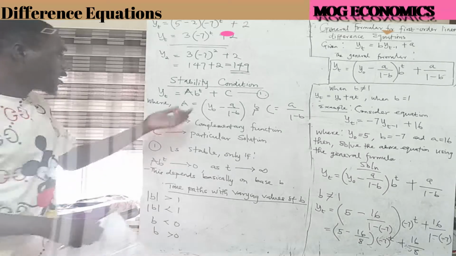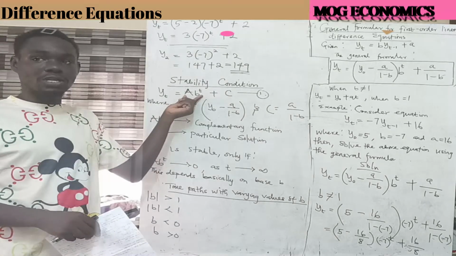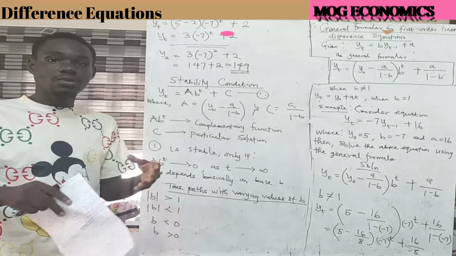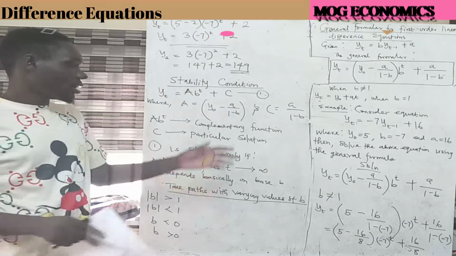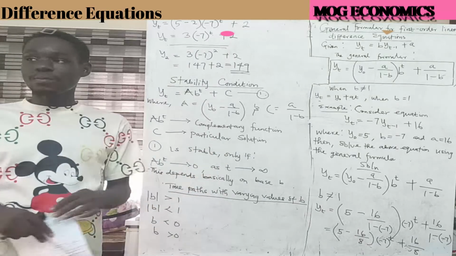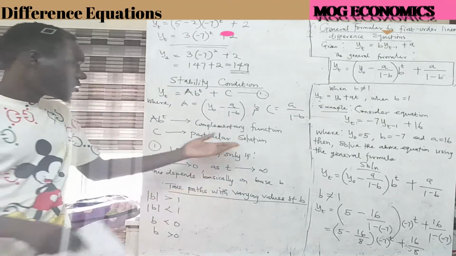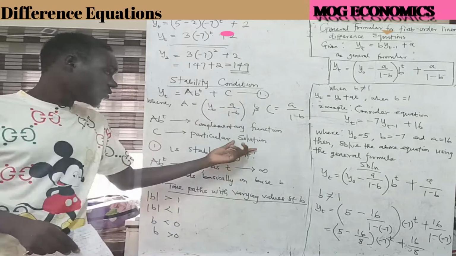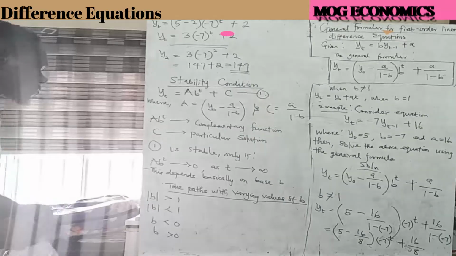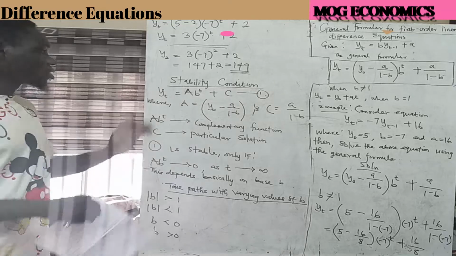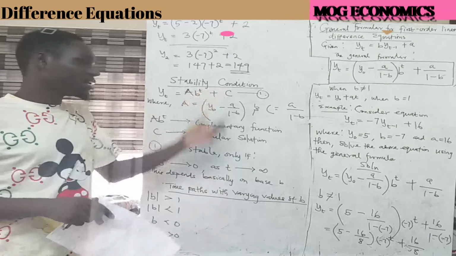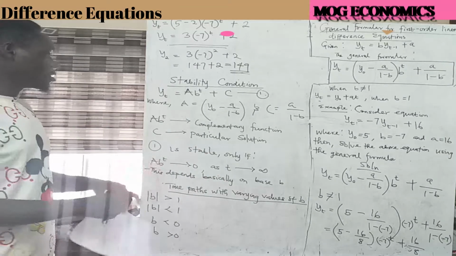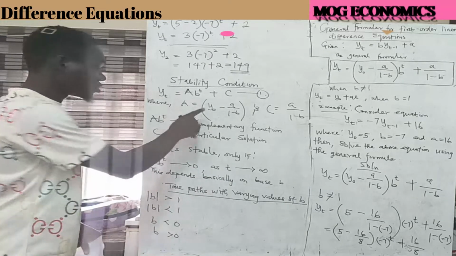Like I said, the first part of the function is a complementary function, which is the deviation from equilibrium. The particular solution here is the intertemporal equilibrium, which is C. So we say this particular function is stable only if this approaches zero.